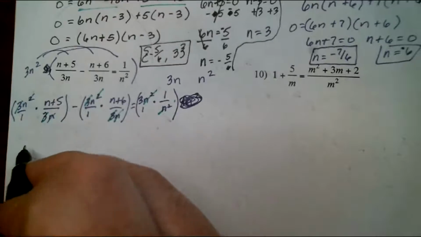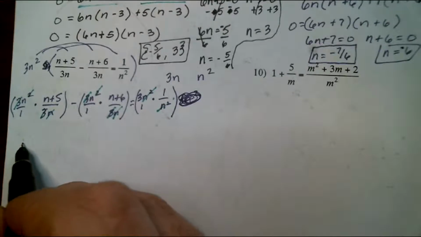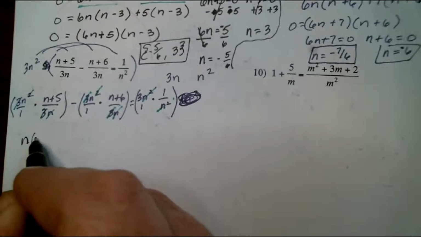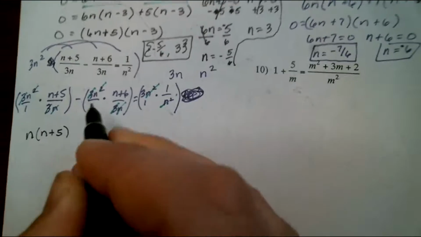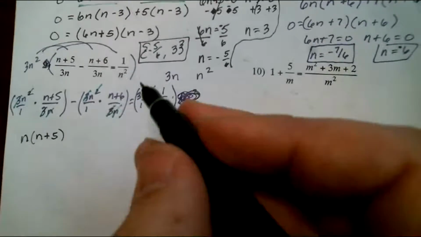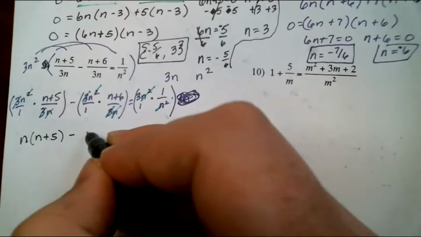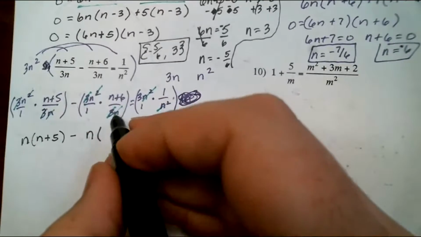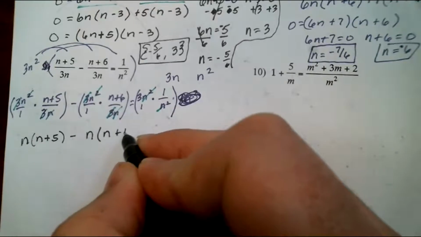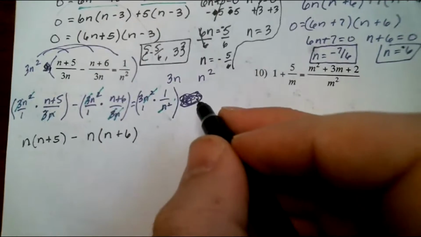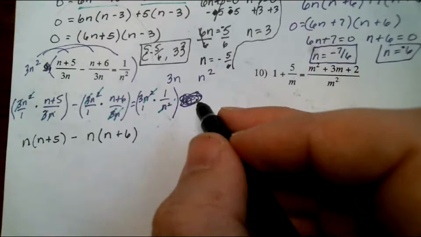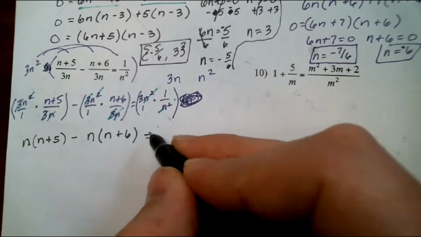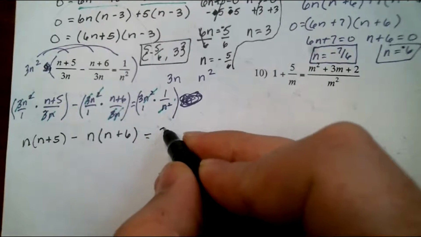That leads me to this. n times n plus 5, sorry about the shaking of the camera, minus n times n plus 6 equals 3 times 1, which is just 3.